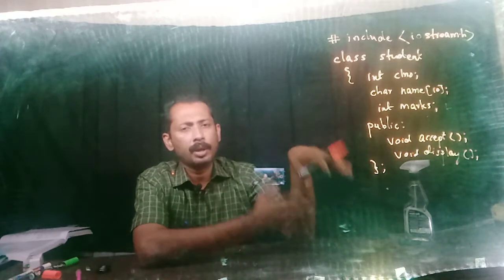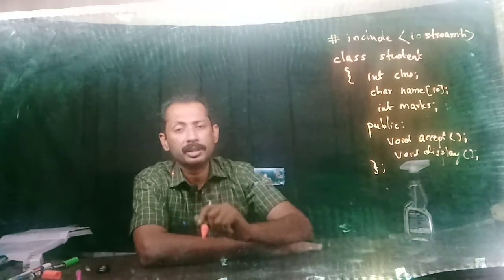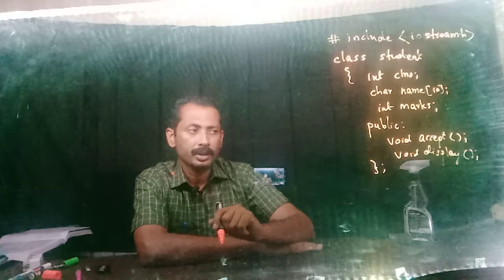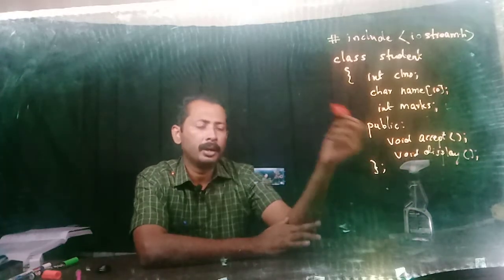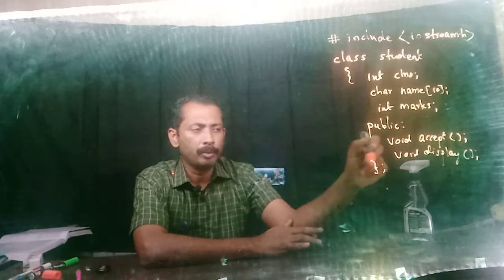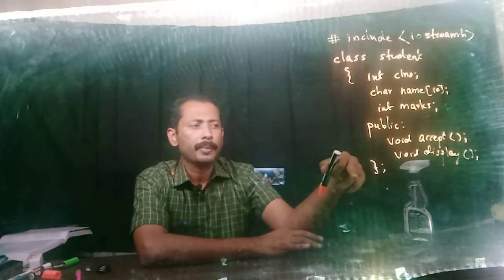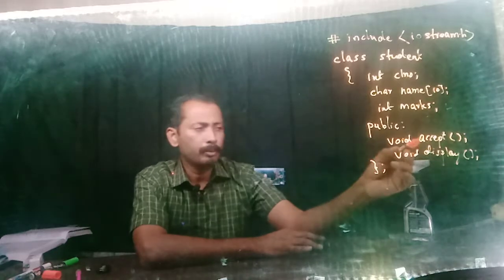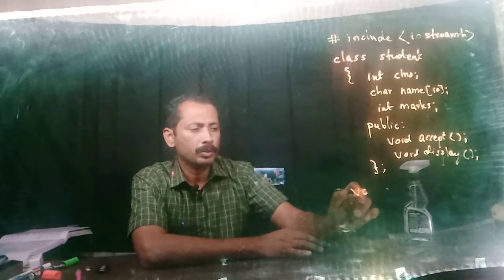So if there are 5 or 6 calls, the program size will increase for the inline function. So if we want, we can give the definition here itself, or I can define the body of the function as I do now. Okay. So I have defined the body of this function now, void accept. So I am doing as void.